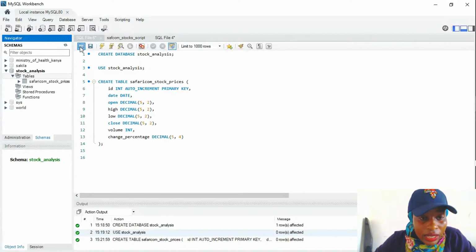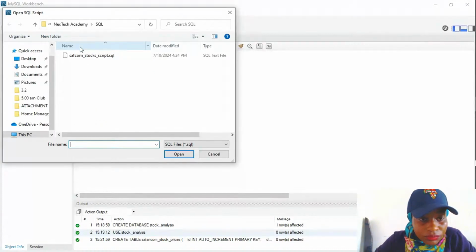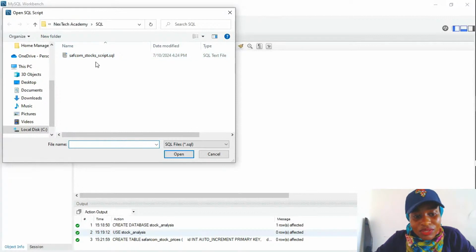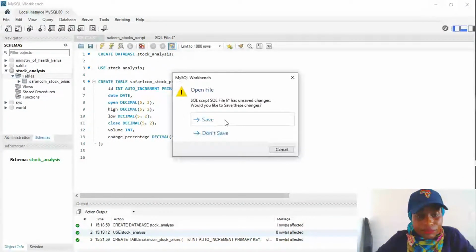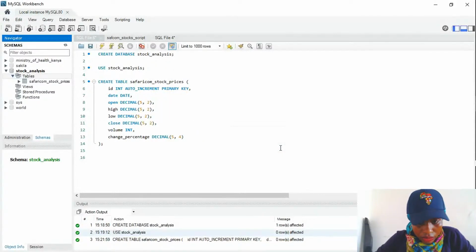Then click on it, and now you can upload the script. You'll just browse to whichever folder has your script, click on it and open. Except I already have it, so let me just cancel. But that should bring your script here.